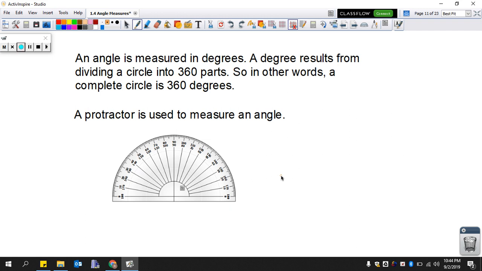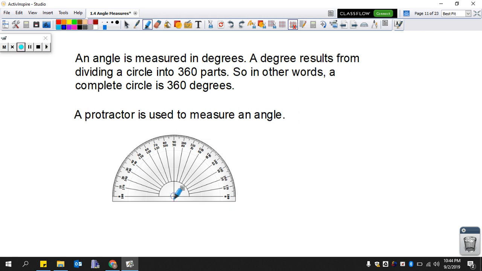The next thing we're going to talk about is measuring angles. An angle is measured in degrees, which we get by taking a complete circle and dividing it up into 360 parts. So a complete circle all the way around is 360 degrees. And the tool that we use to measure an angle is a protractor.